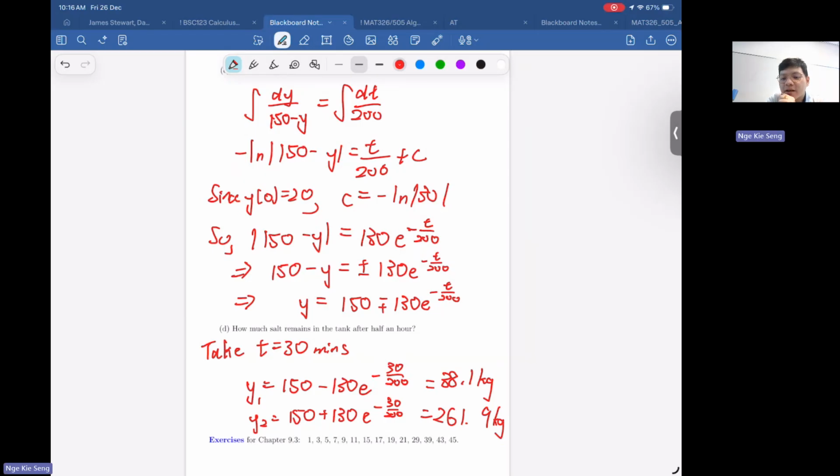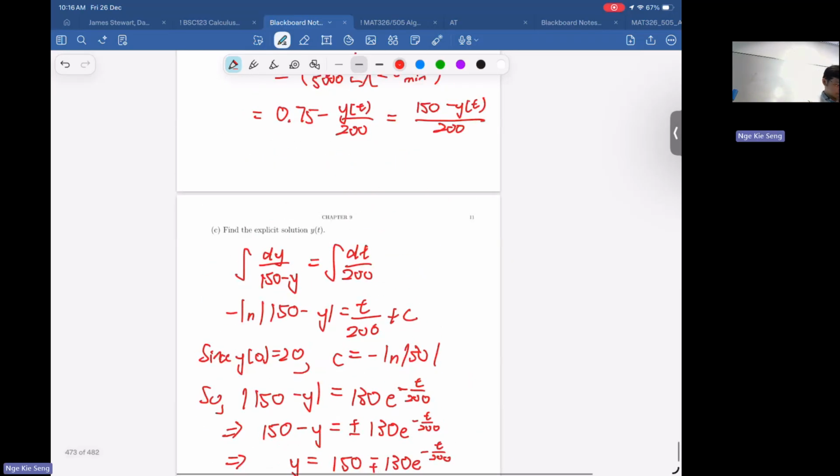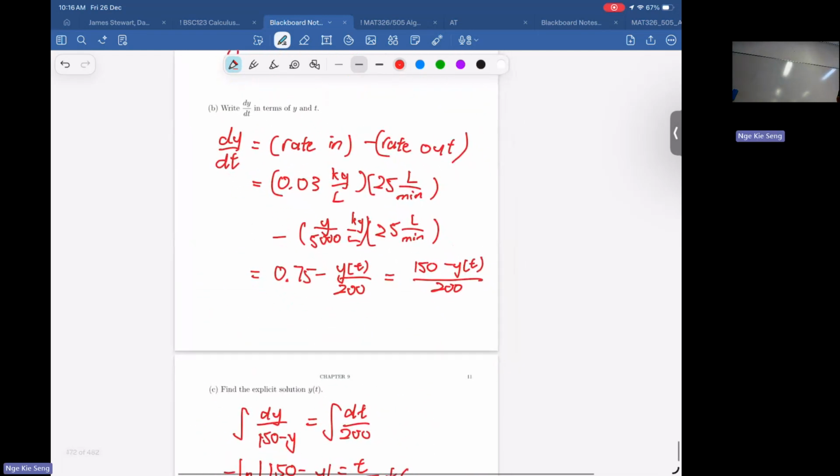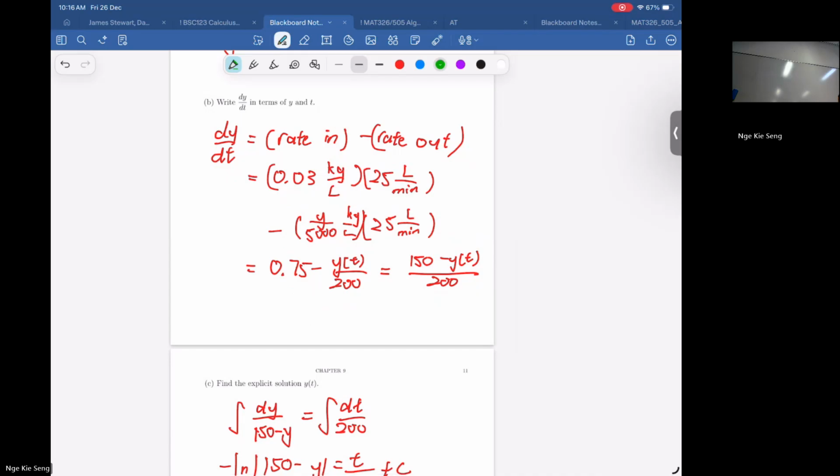There's one step that I'm not happy with in the textbook solution: how they get rid of the absolute value. There's something I need to check here. In that case, you only live with this term, right? There's no rate out. But your rate in, is it possible? Let me think.